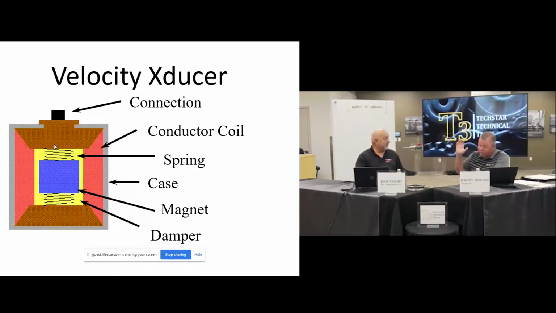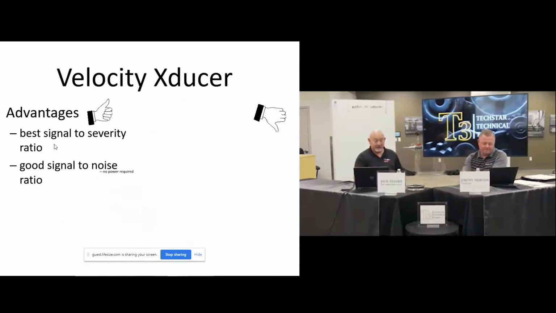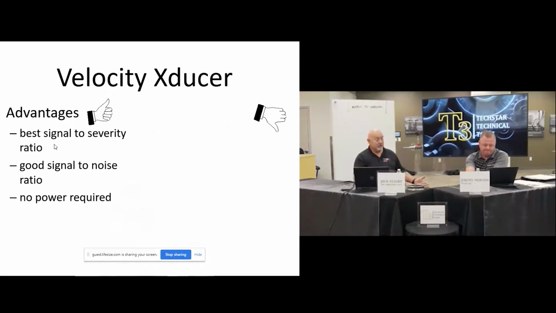It's actually a mass on a spring, and you can hear them rattling around in there. You don't have to power it. They're sensitive to where they're mounted. There's a certain angular degree on them typically that tells you where it can be mounted. They have the best signal to severity ratio and also good signal to noise ratio, but no power required. That's the advantage of it.